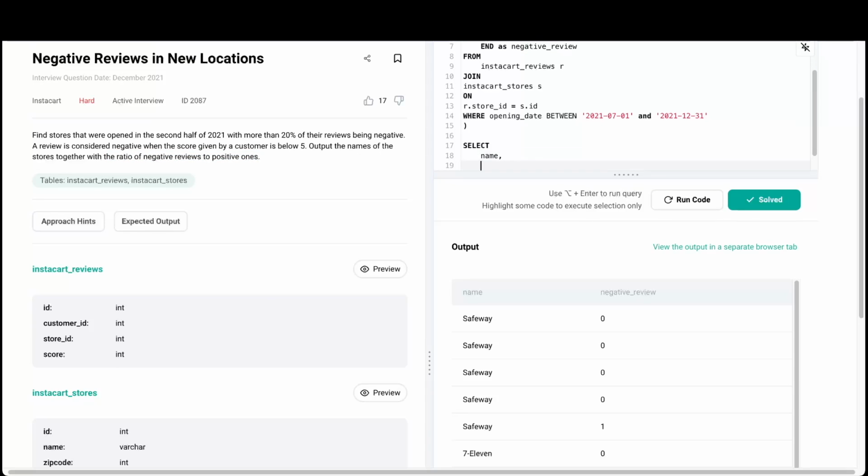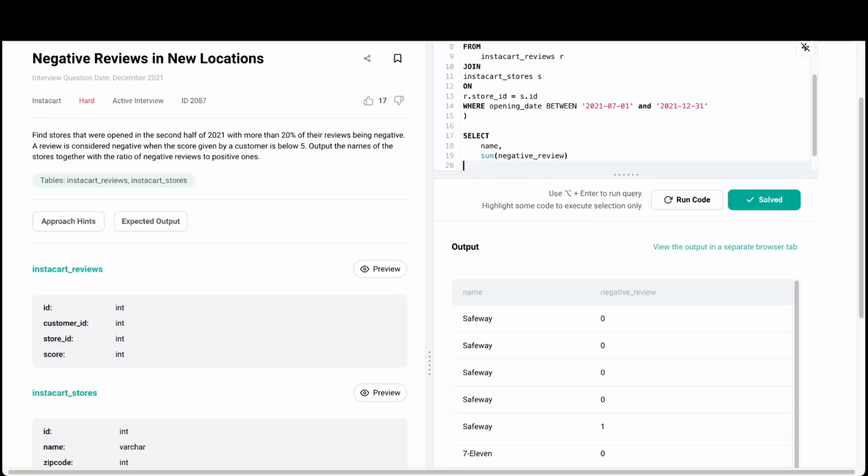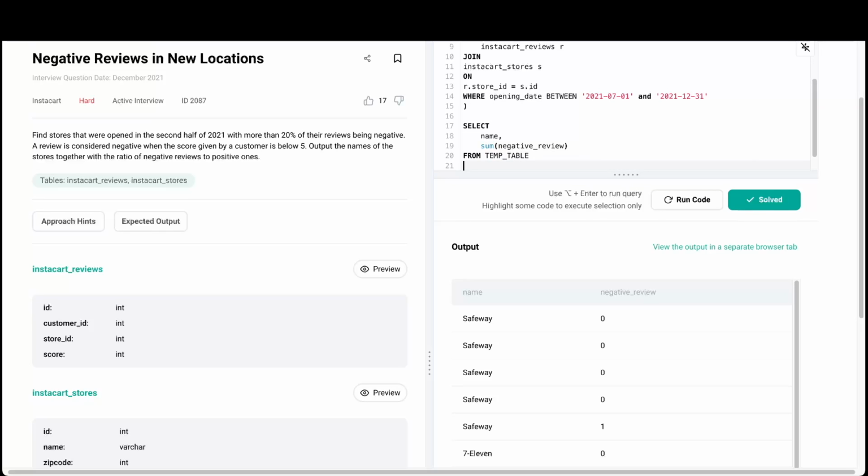The negative reviews is basically the sum of all the ones that we see here grouped by the name of the store. Negative review from temp table, we have to group by the store name.